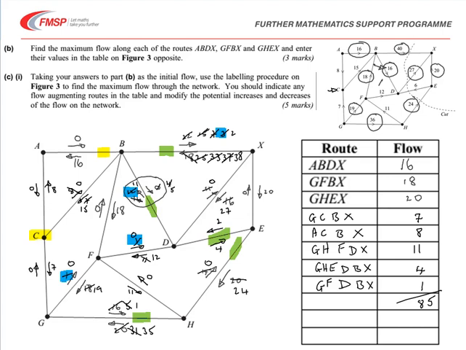Now the marking for that, there were 3 marks available for showing the flows initially, just a mark each. So they were scored at B1, B1 and B1.